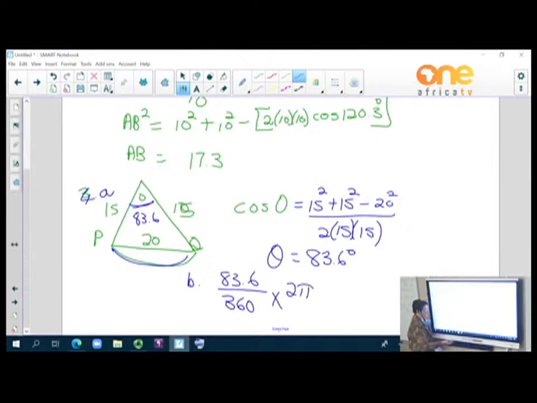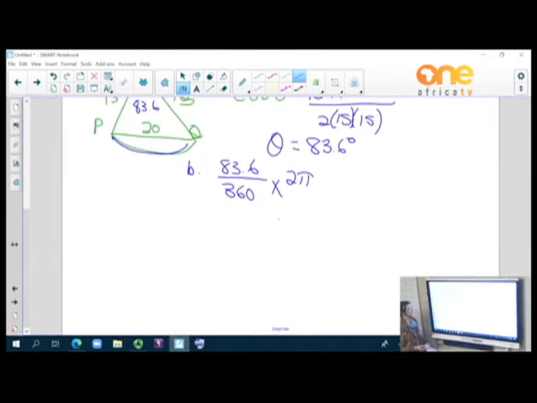And what is the radius in this case? Not the 20, but the 15. I'll multiply there by 15. And what did you get? 21.9. Good. 21.9 centimeters. Remember, this is arc length, so this is centimeters. Okay, great.